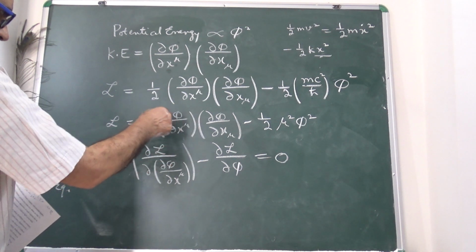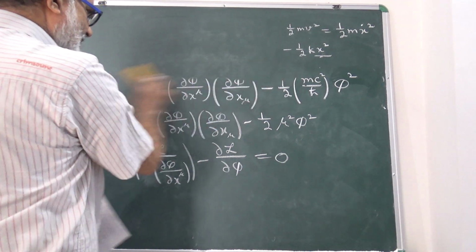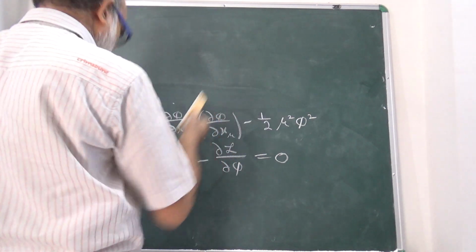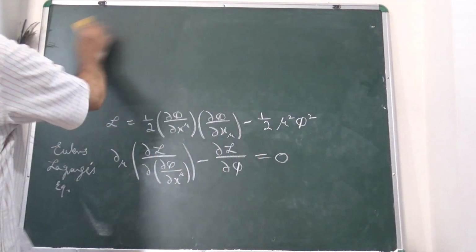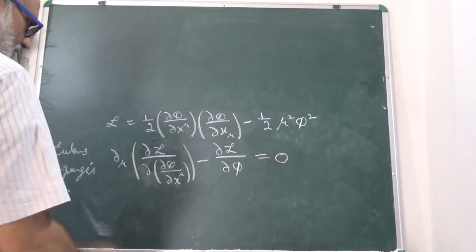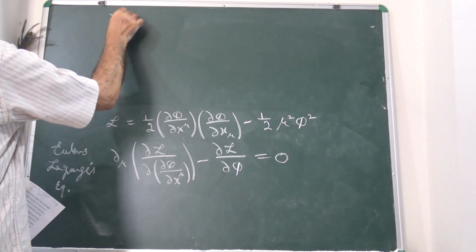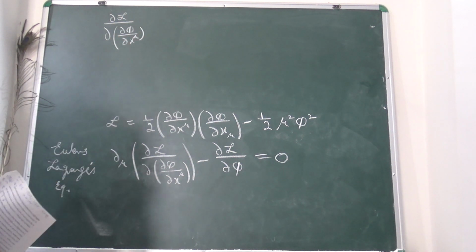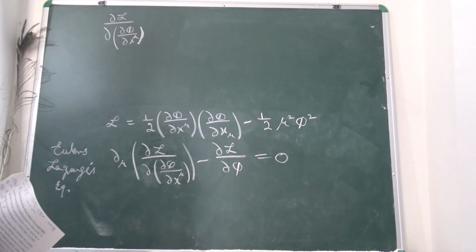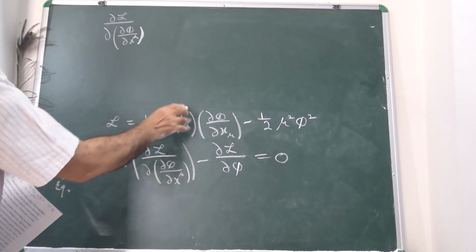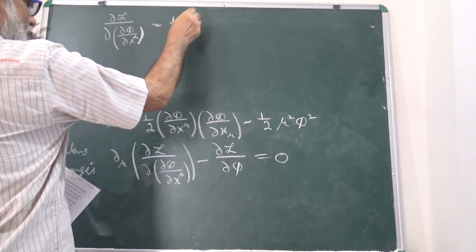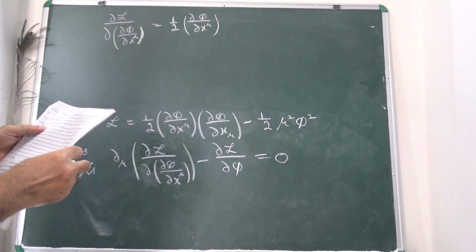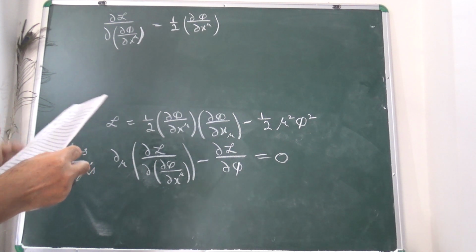When you differentiate with respect to this quantity, you will get one by two del phi by del x mu, and the two will finish.